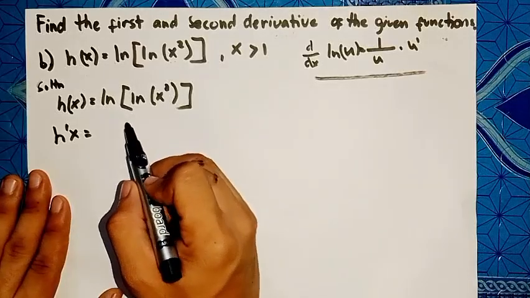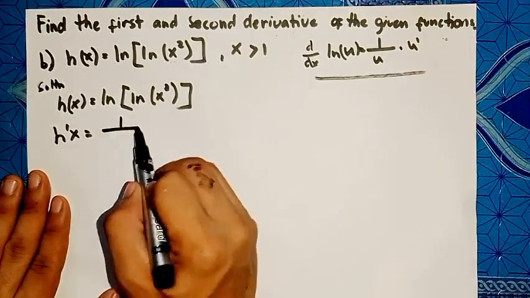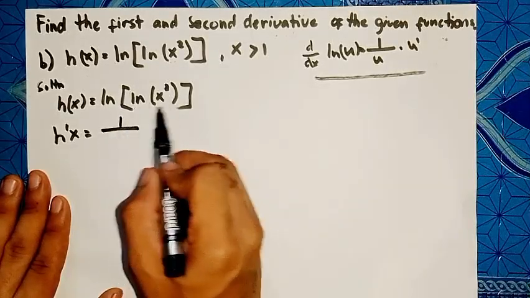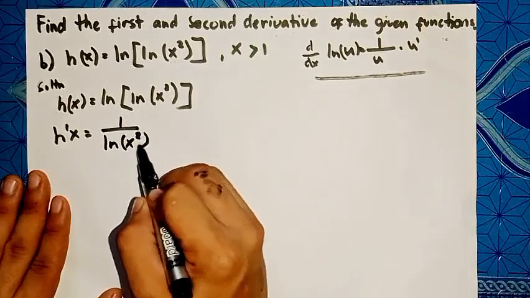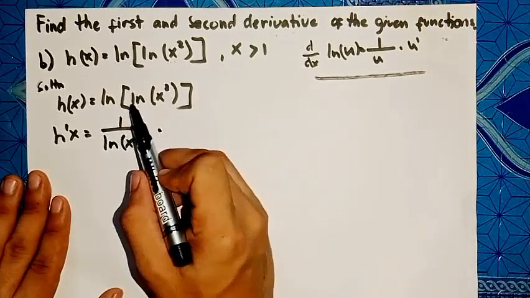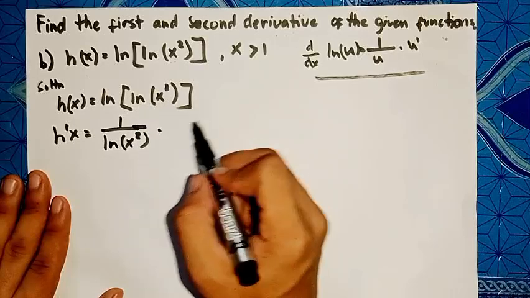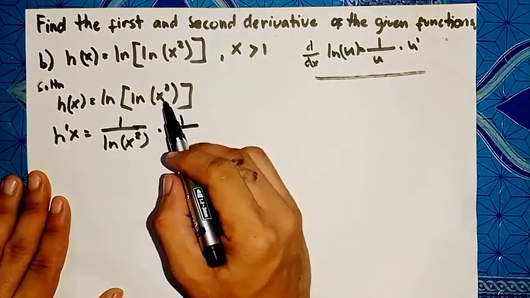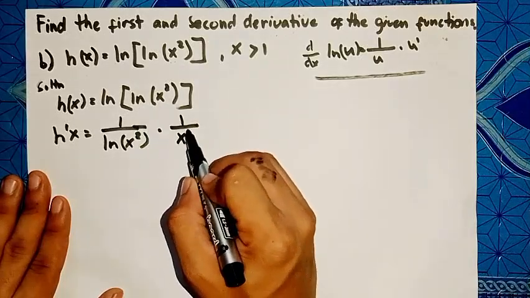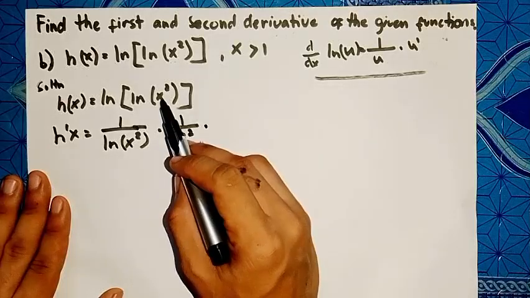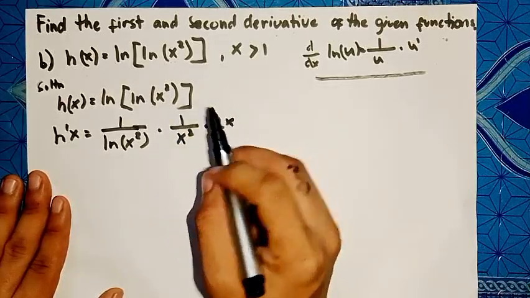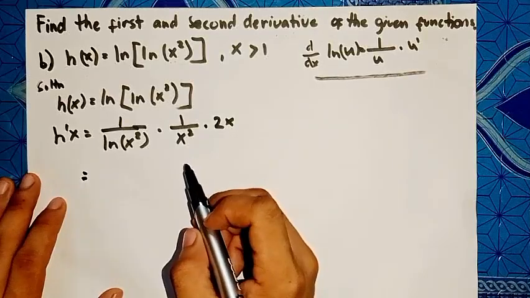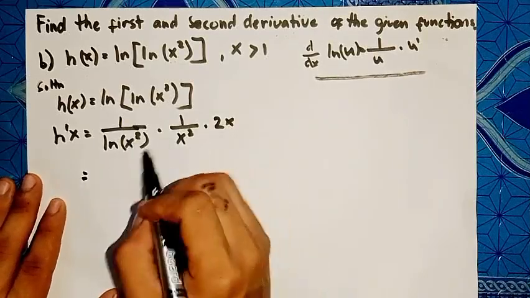The derivative of ln x squared is 1 over, this is our u, so 1 over x squared times the derivative of x squared, which is 2x.